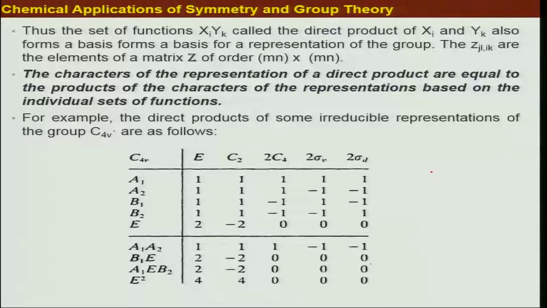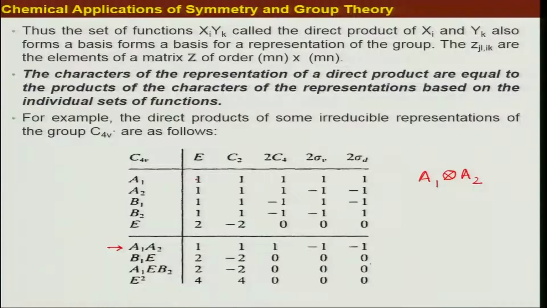Generally direct products are written like A1 and A2, normally written like this, or simply like this. When you have the direct product, you take a one to one product between the characters corresponding to the two different irreducible representations and a particular symmetry operation.